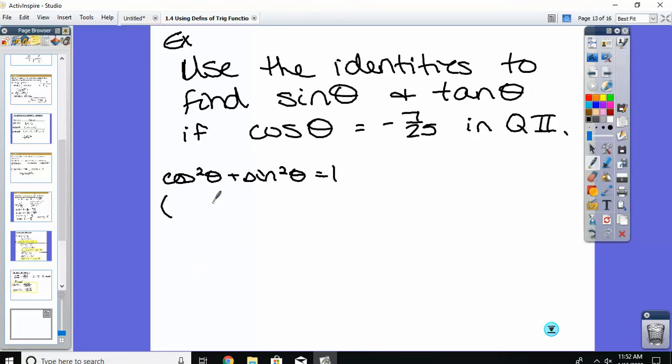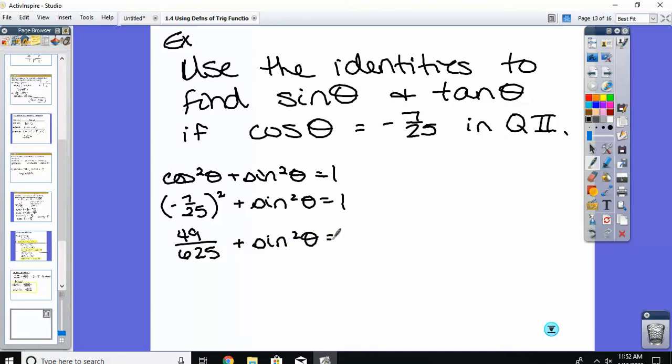So we could plug in the values. Cosine is negative 7 over 25, squared, plus sine squared equals 1. If I square this, I get 49 over 625. Subtract that over.